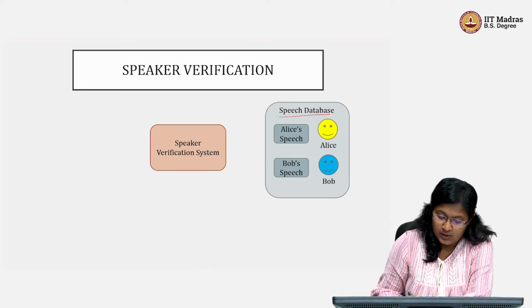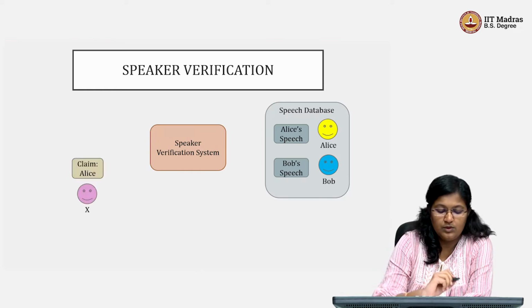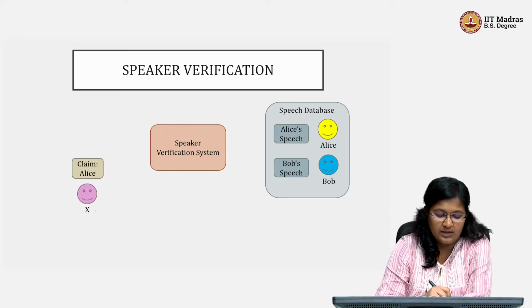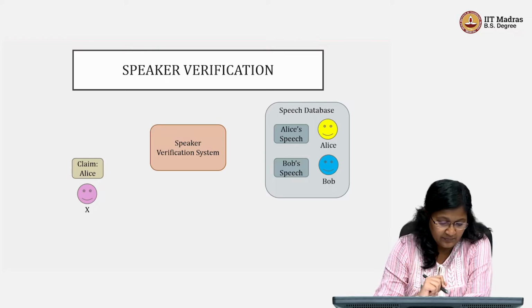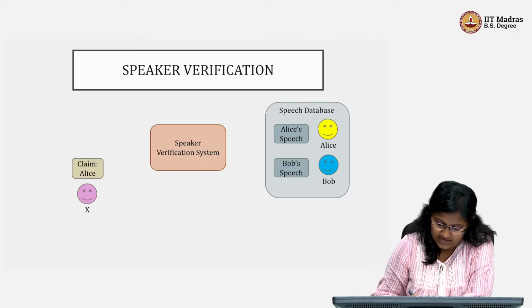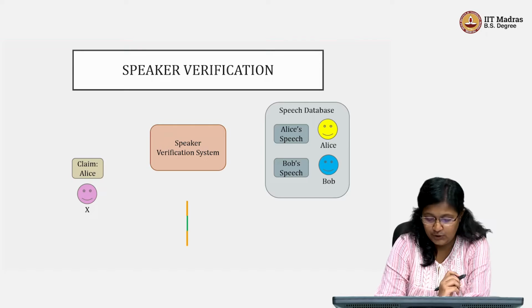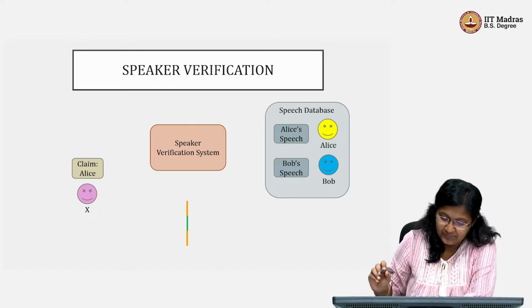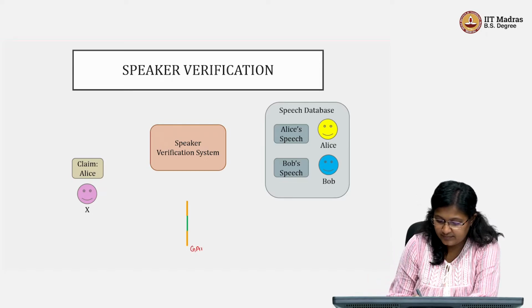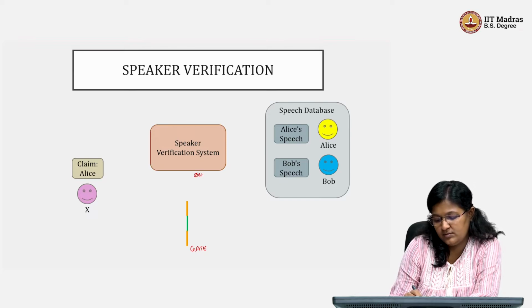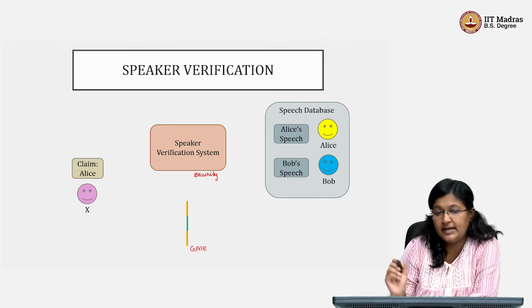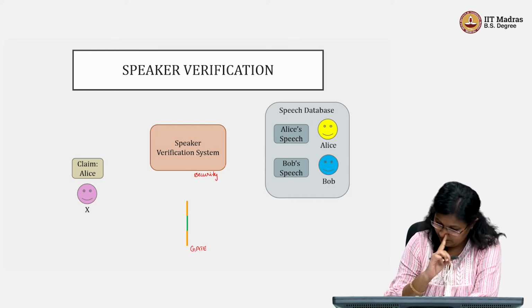So there is an unknown person. He comes to the verification system and says, hey, I am Alice, let me in. This verification system is going to act like a security guard sitting near a gate. So the speaker verification system is like a security guard who can either open the gate or close the gate.